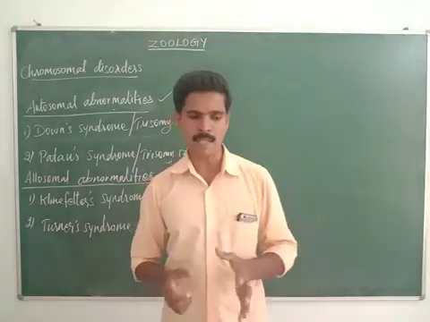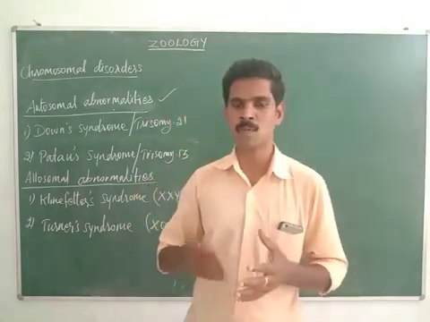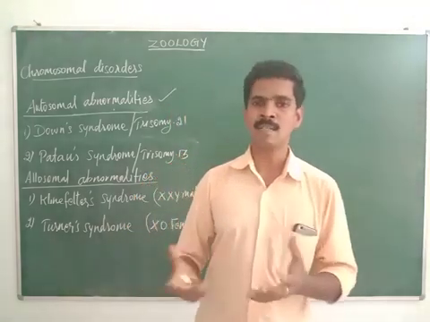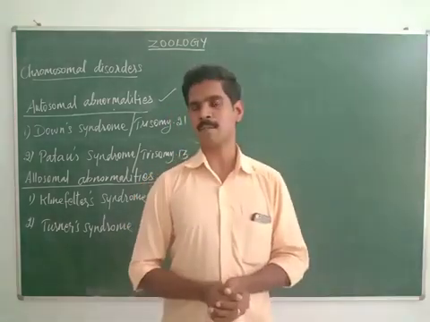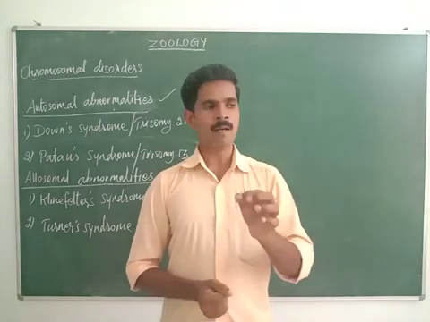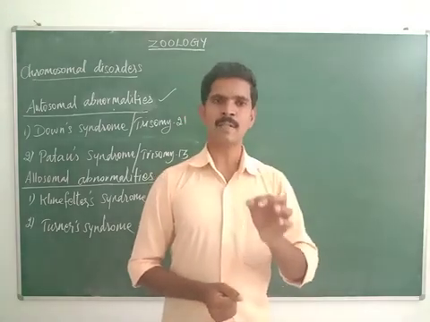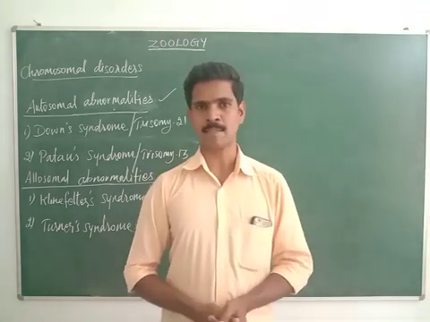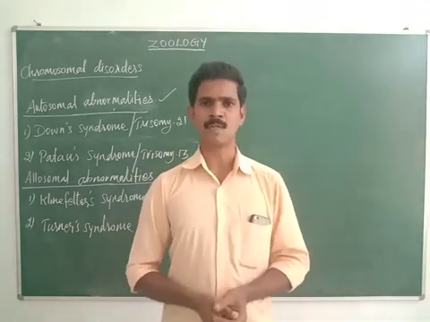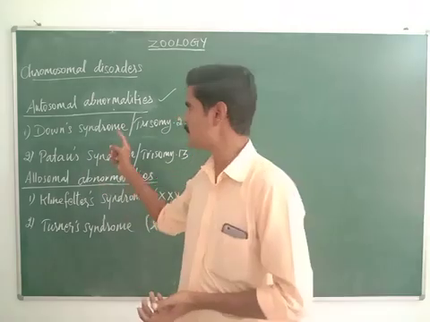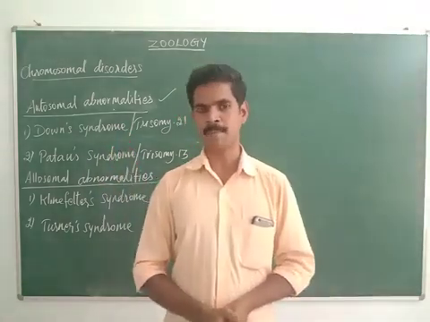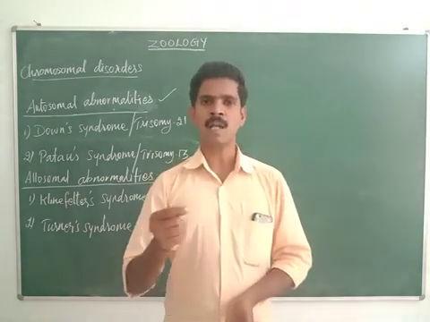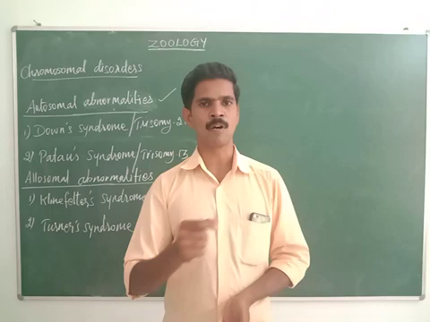The characters of Down syndrome, listen very carefully. If anyone's 21st chromosome is affected, we can see some important symptoms in their body. The first symptom is poorly developed mental activities, so they are mentally affected. Second, the central nervous system is also not developed properly.